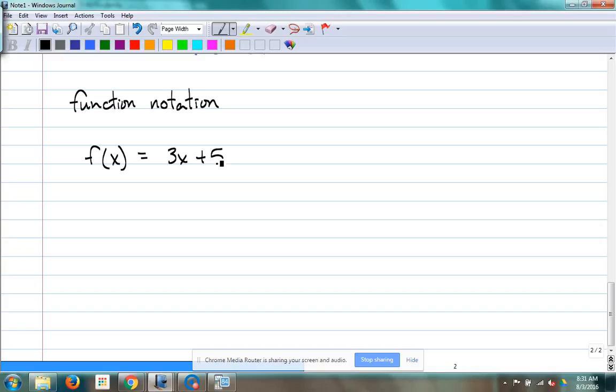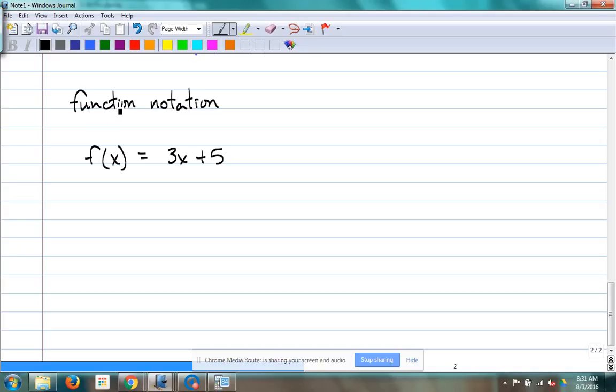I know that's a function because y equals 3x plus 5 is a lot like that y equals 3x minus 2 that we did earlier. That would pass the vertical line test. If it passes the vertical line test, I know it's a function. So I know that 3x plus 5 creates y values, and it doesn't repeat x values. So I know that's a function.